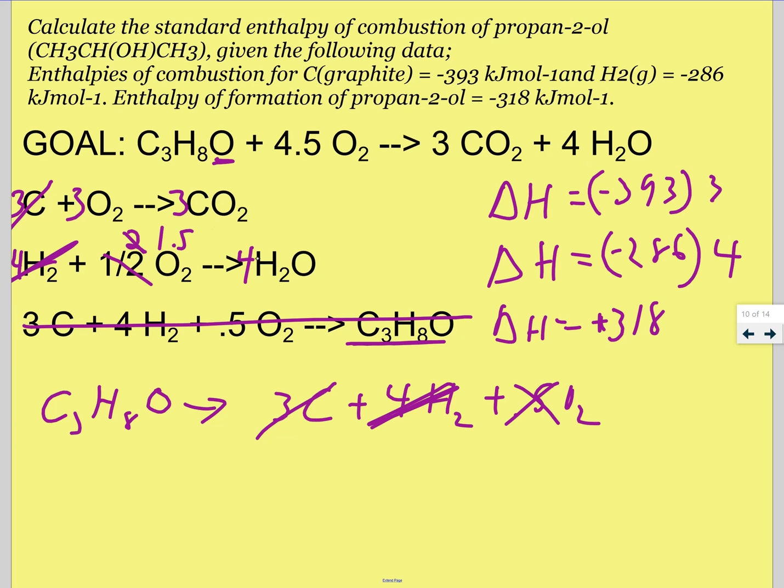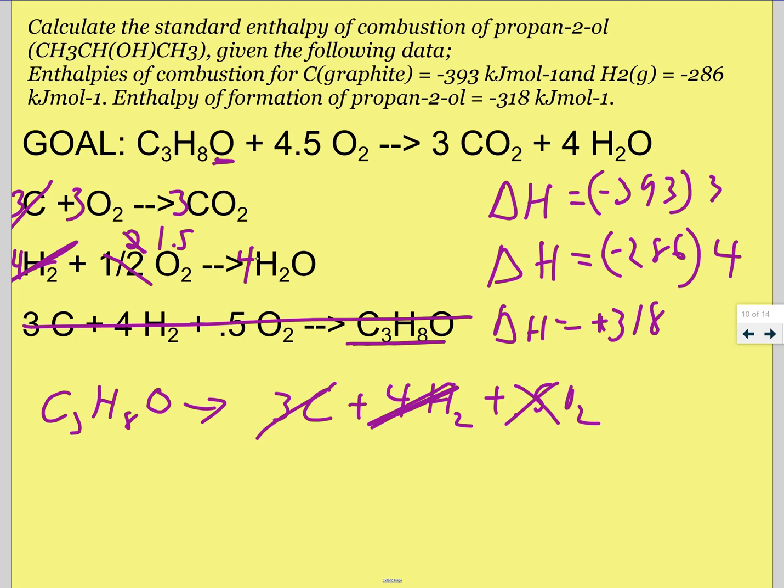So we're going to have to multiply that first enthalpy by 3, and add it to the second enthalpy times 4, and then we're going to add 318. We've got to change that sign from negative to positive.